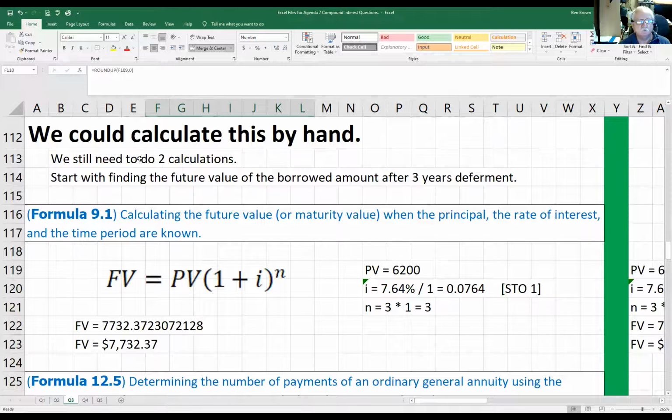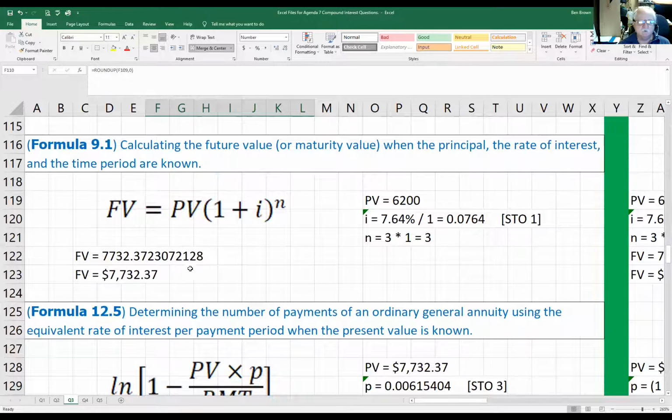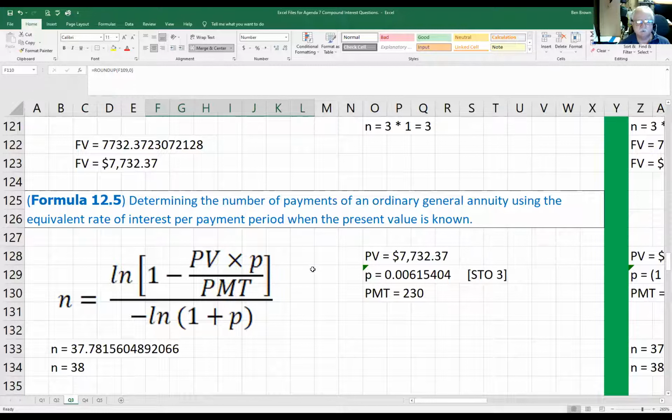So we could do this by hand. The first calculation is not an annuity, so it's just a compound interest calculation. And we'll find we get exactly the same answer as we did by the previous two methods. The second calculation is an annuity calculation.